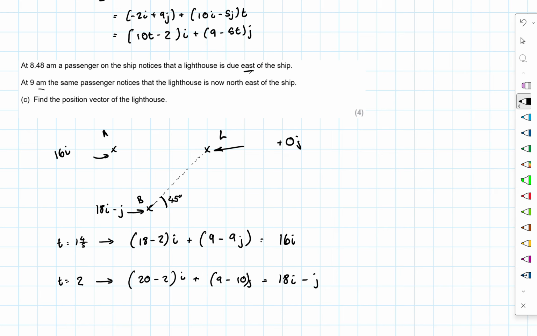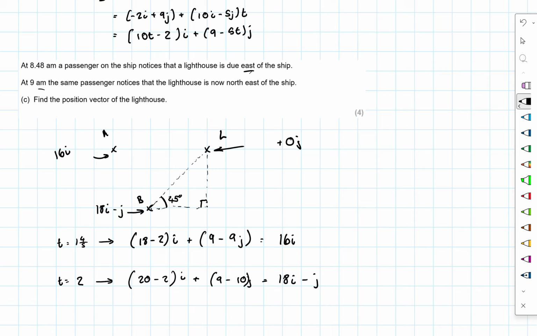It's northeast, it has to be. And what that means is if I think about these positions in a triangle like this, or just the distance from here to here, that distance from there to there must be the same distance as there to there. These two sides of my triangle must be equal to each other.